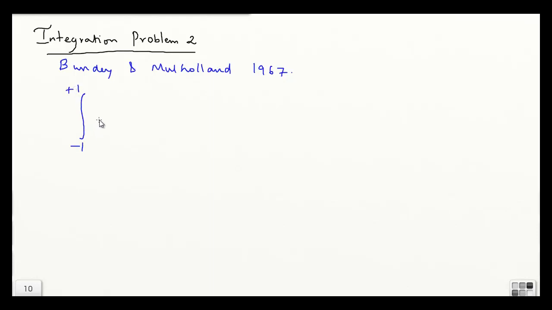In this problem, we are given the integral from minus 1 to plus 1 of the square root of (1 minus x) divided by (1 plus x) dx, and we have to prove this is pi using the substitution x equals cos 2 theta. So let's go about doing this.